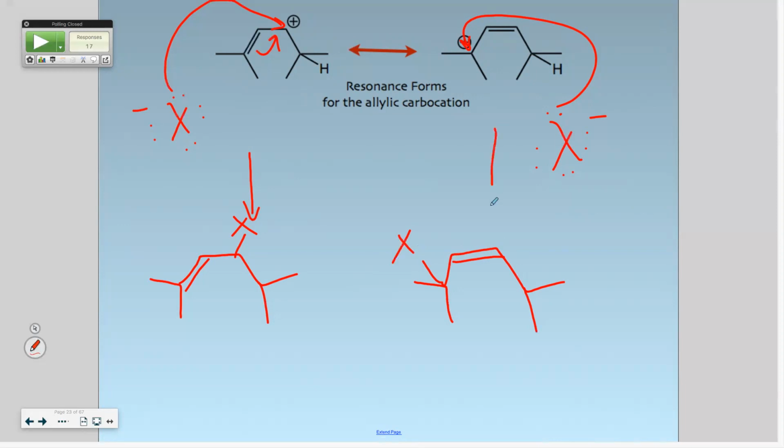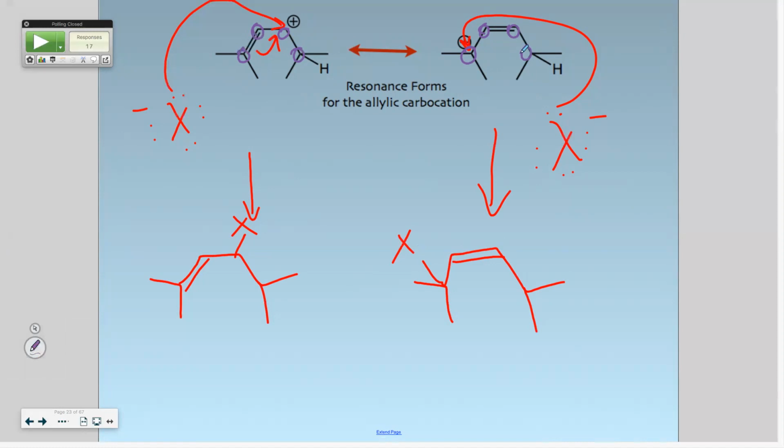Okay, those are your two products. This is what you get from this addition. Now I'm going to circle the carbons in the original diene system. Okay, 1, 2, 3, 4. I'm going to do that over here too. 1, 2, 3, 4. Those are the 4 carbons.